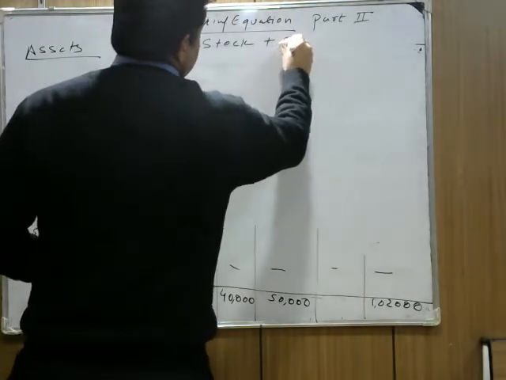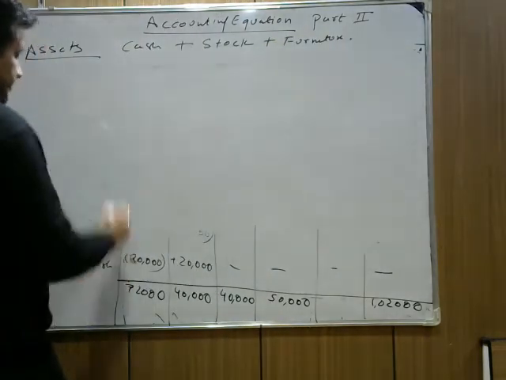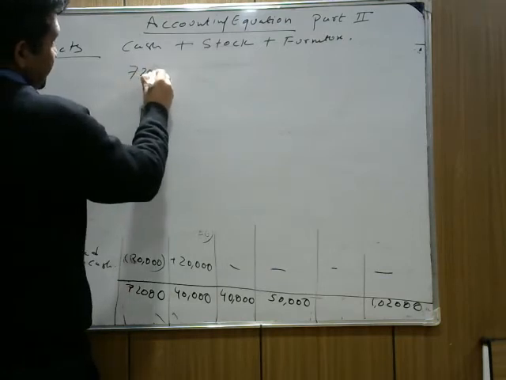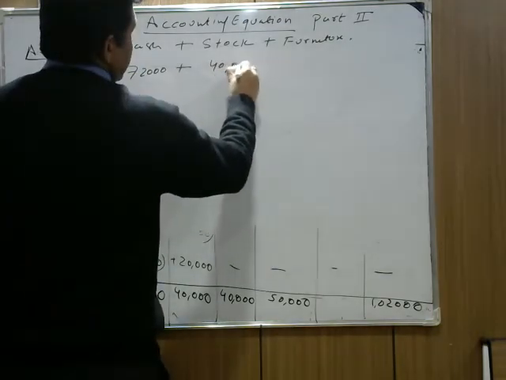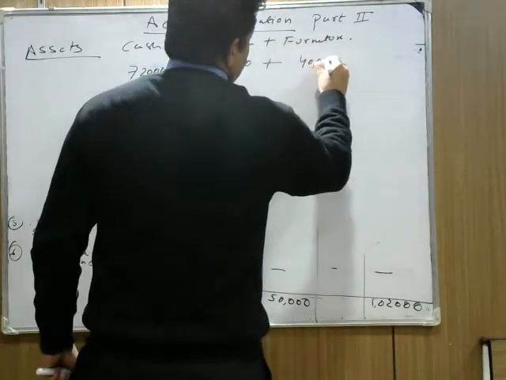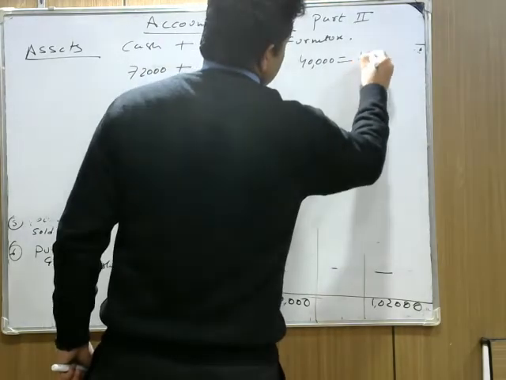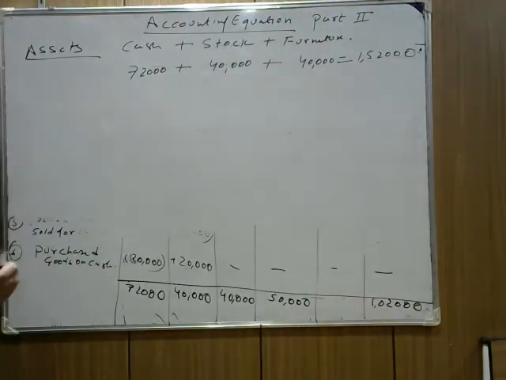Then you have furniture. Okay, now check what the cash balance is here. Cash is 72,000 plus stock worth rupees 40,000 plus furniture worth rupees 40,000. It makes total assets 1,52,000. I hope it's clear. Total assets is worth rupees 1,52,000.